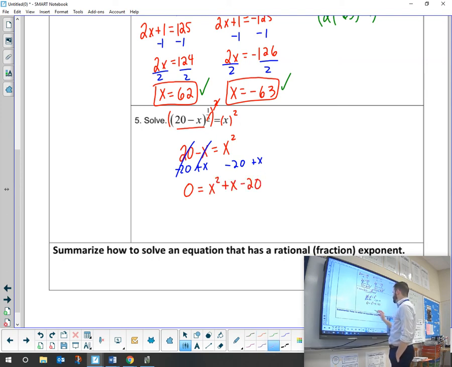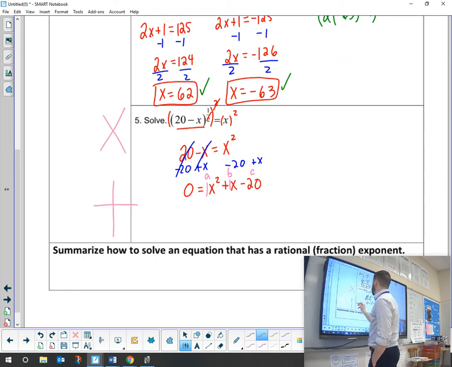Then let's label my A, my B, and my C. Then we can do my x and my plus. On top of my x, we're going to write A times C. So on top of my x, 1 times negative 20, we're going to have negative 20. On bottom, we're going to have B, which is 1.